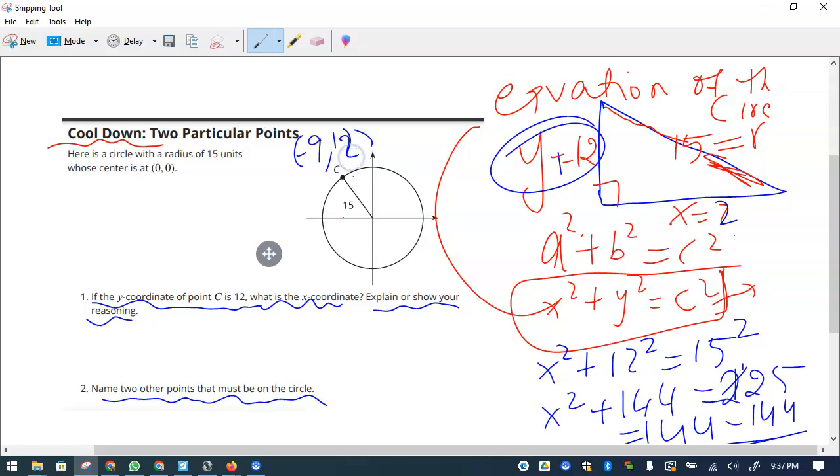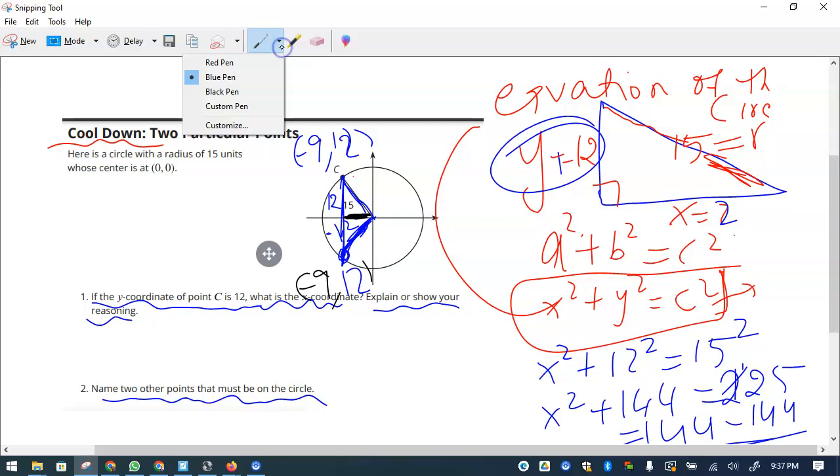Now if I rotate this radius so it comes like this, they will have the same y coordinate, which is 12 on this side, but this side will be minus 12, and this part is minus 9. So this will be minus 9. The x coordinate stays the same, but the 12 will be this one.